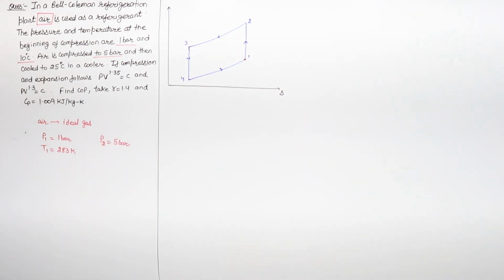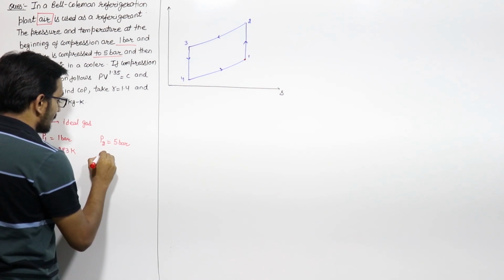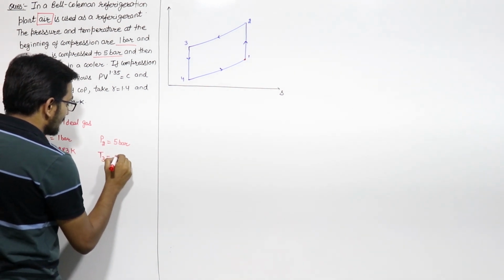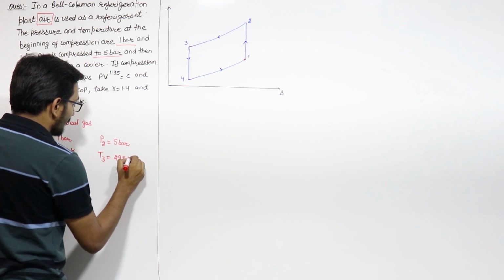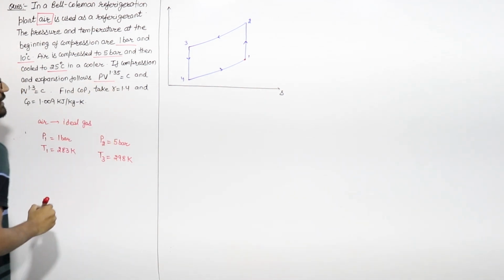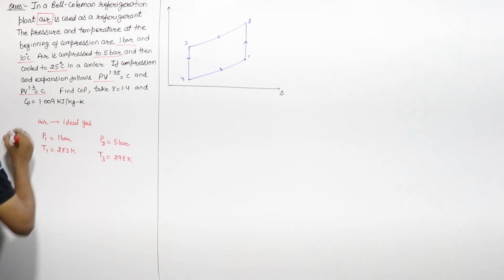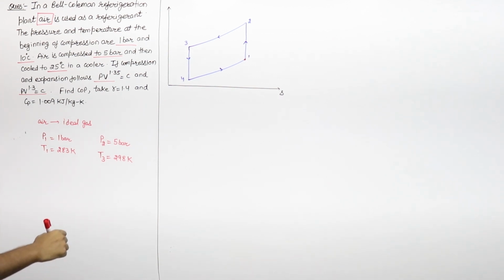In compression, the air is compressed up to 5 bar and then cooled to 25 degrees Celsius, that means T3 is given 25 degrees Celsius, that means 298 Kelvin. If compression follows PV raised to power 1.35 is equal to constant and expansion follows PV raised to power 1.3 is equal to constant.